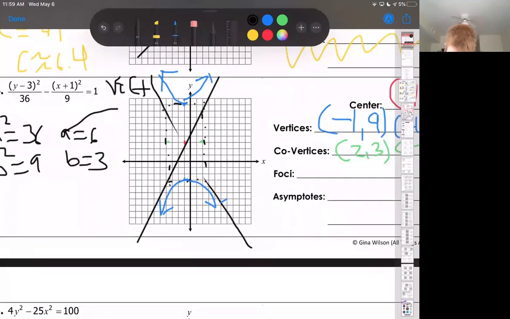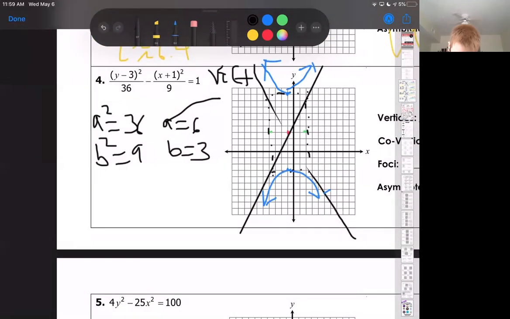But we still need to find our focus points. Remember using that formula, you add a squared plus b squared, so that would be 36 plus 9 is 45. If you square root that, it's approximately 6.71. Since this is a vertical hyperbola, you're going to go up that distance and down that distance.